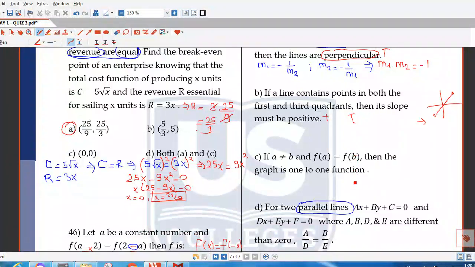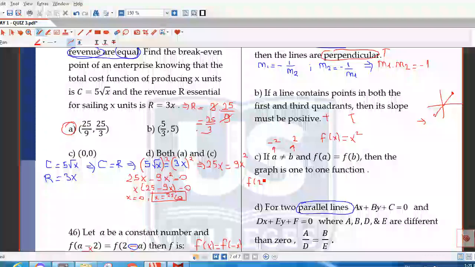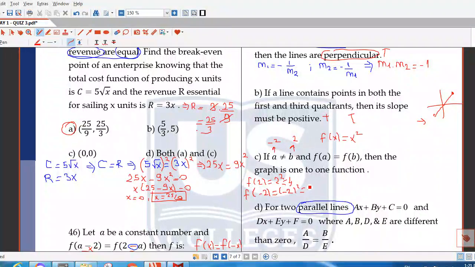The third statement: if a and b are different numbers and f of a and f of b are equal to each other, then the graph is one-to-one. Let me choose f of x as x to the power of 2, with a negative 2 and b positive 2. f of 2 becomes 2 squared, which is 4. f of negative 2 is the square of negative 2, which is also 4.